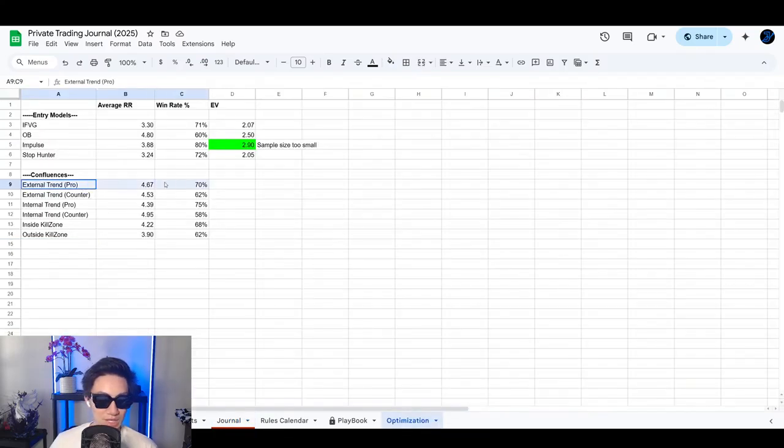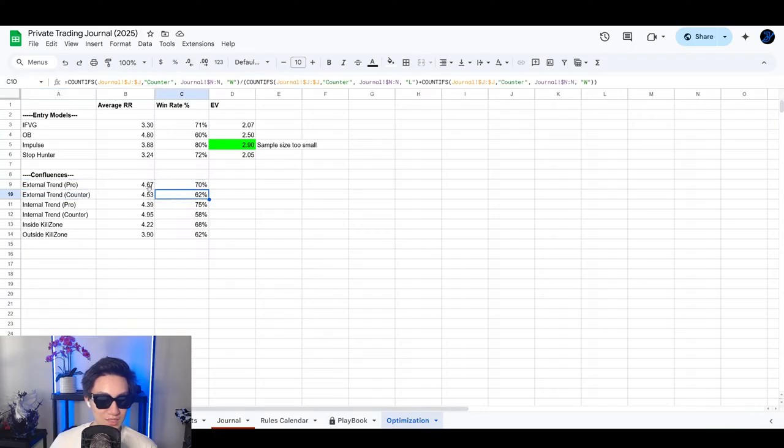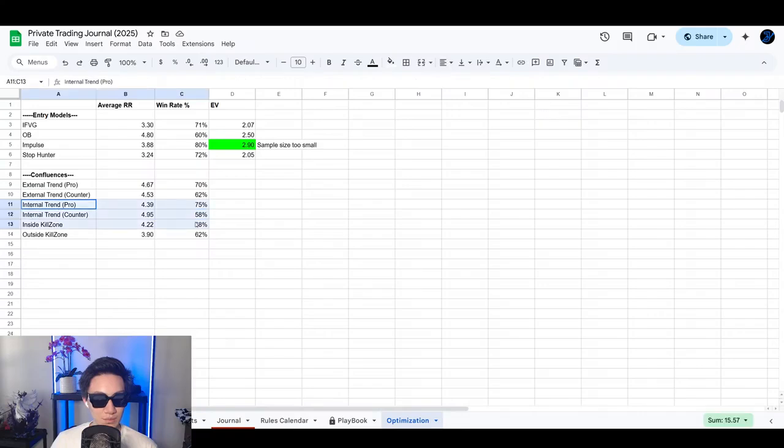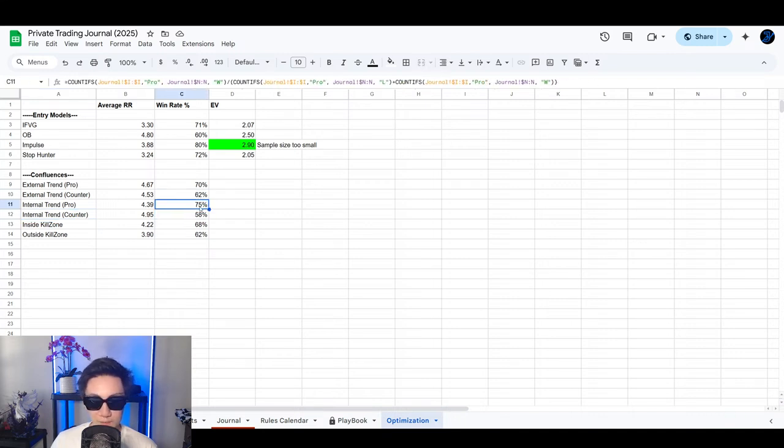Here, I already know there's about an 8% win rate difference between me taking pro trend versus counter trend external, but a bigger difference when I take pro trend internal versus counter trend internal. There's almost a 20% win rate difference. This is huge, right? But the external trend is still an 8% difference.